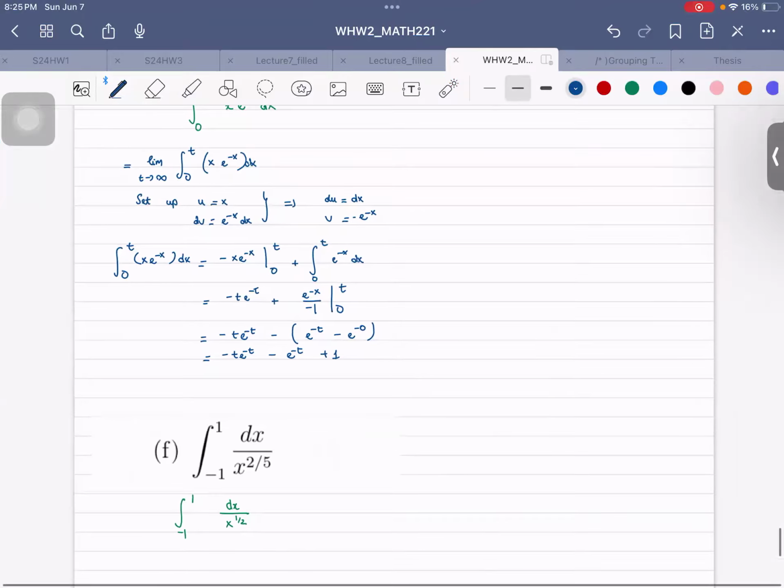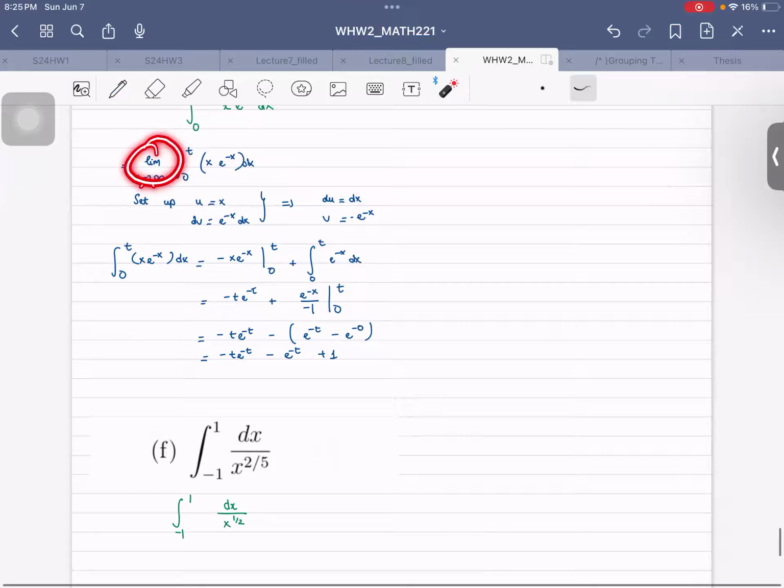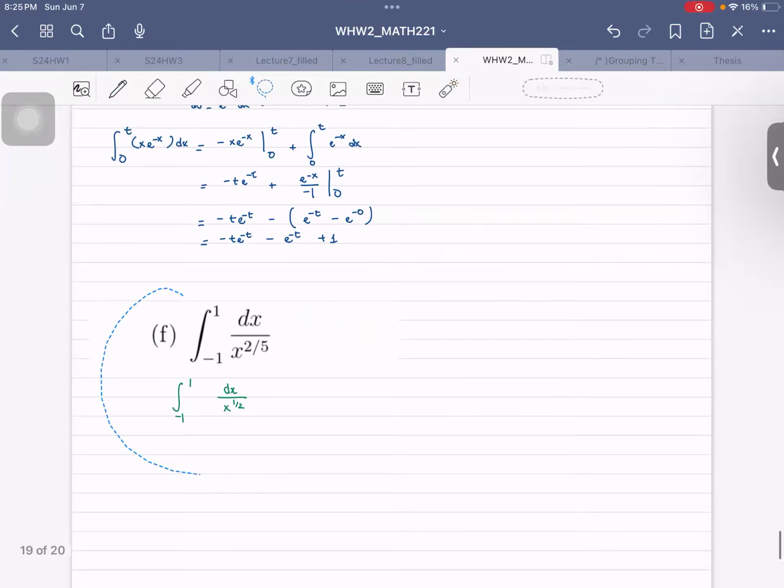And now let's compute the limit when t tends to infinity.